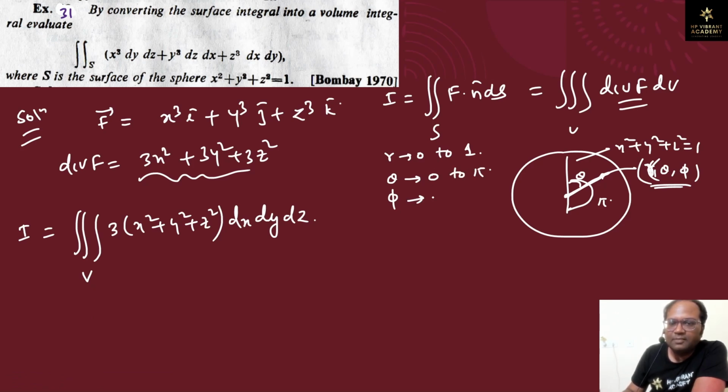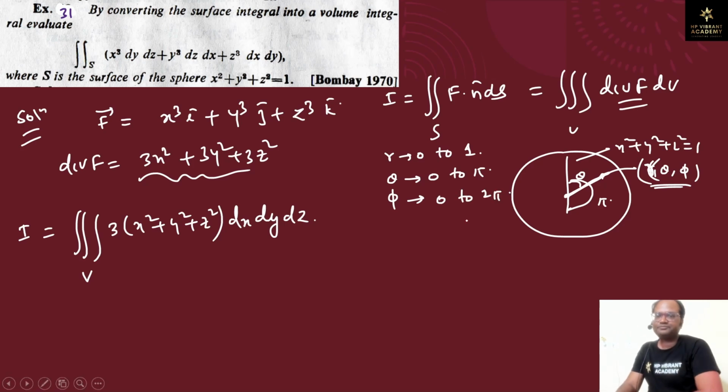Phi varies from 0 to 2 pi. So this whole volume will get covered when we vary theta from 0 to pi. We do not have to vary theta from 0 to 2 pi, as it will double the volume. We only have to vary theta from 0 to pi, and phi varies from 0 to 2 pi.